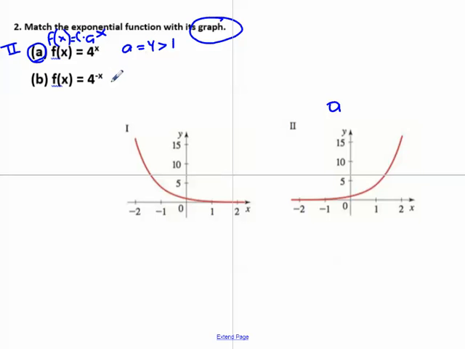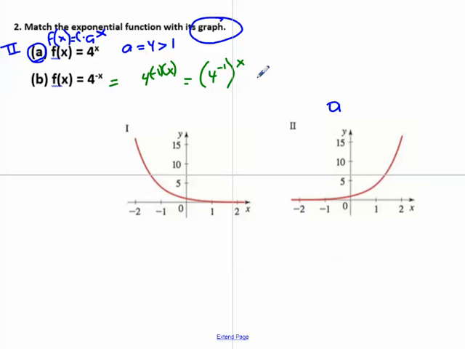If we take a look at 4 to the negative x power, I'm going to rewrite that. 4 to the negative x power equals 4 to the negative 1 times x power. I separate those for a reason, because then we can have 4 to the negative 1 power all to the x power. We're kind of going backwards this way, because usually we multiply exponents when we've got parentheses to get here.